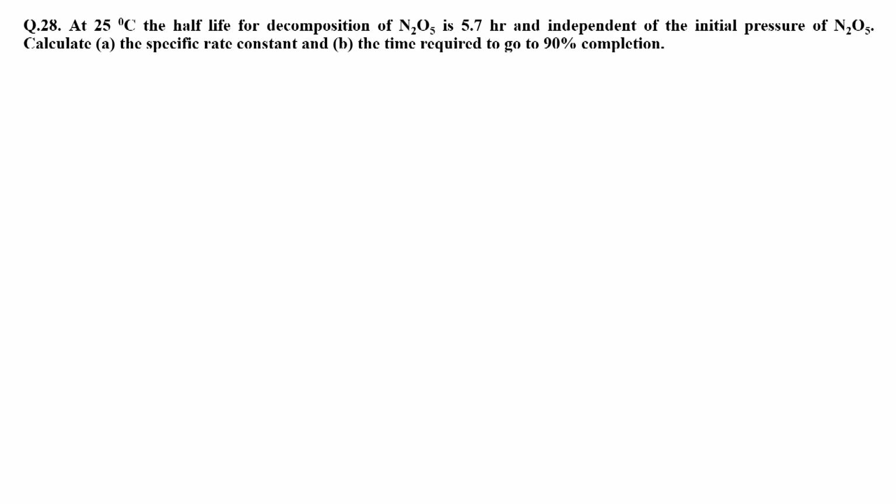Calculate the specific rate constant and the time required to go to 90% completion. The only trick here is that since the half life is independent of the initial pressure of N2O5, the order of the reaction is first order.